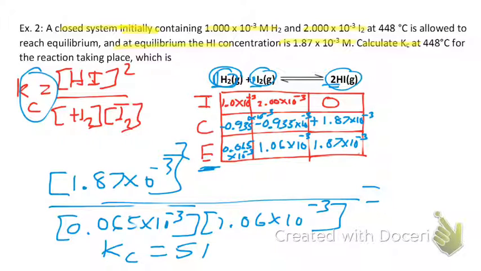And if the Kc value is greater than 1, then our reaction is going to be product favored, and the equilibrium is going to lie to the right. Okay, so remember, we have to think equilibrium position here too. So we're going to say Kc is greater than 1, and so it's product favored, and the equilibrium lies to the right. You might want to write that down to remember that.